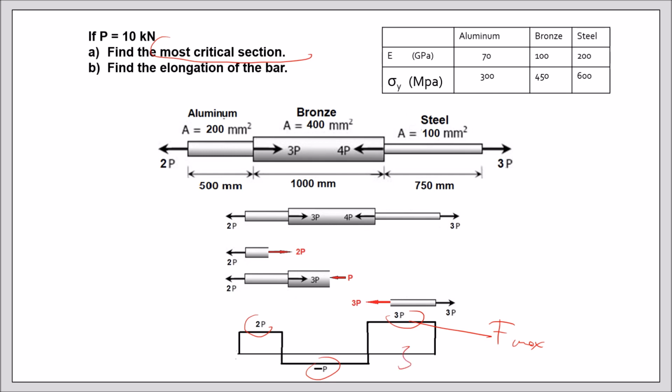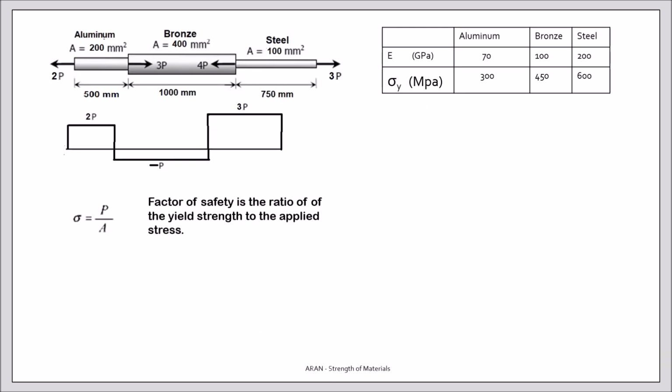Because in each region we have different materials, different cross sections. So the stresses must be calculated one by one. Let's do this. This is my force diagram.